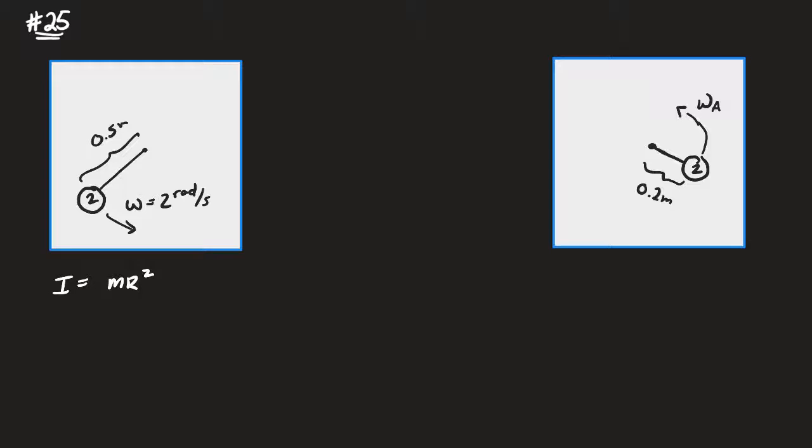This means there's a before moment of inertia and an after moment of inertia. The before moment of inertia is the 2 kilograms rotated a distance of 0.5 meters from the axis of rotation. This is a moment of inertia of 0.5 kilograms meters squared.